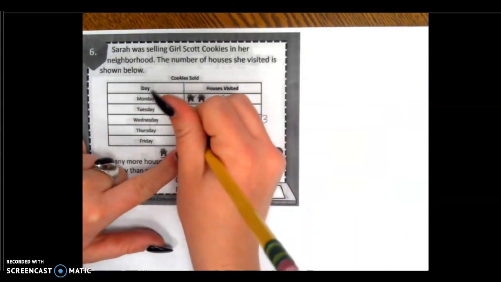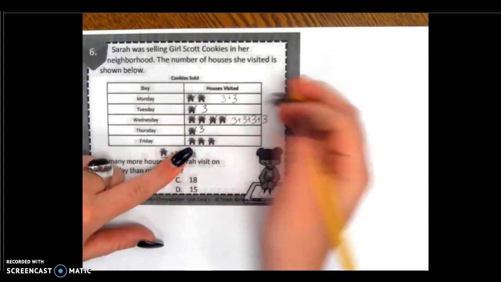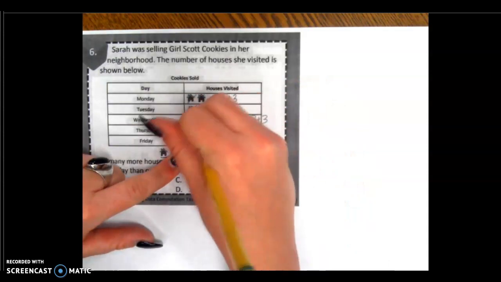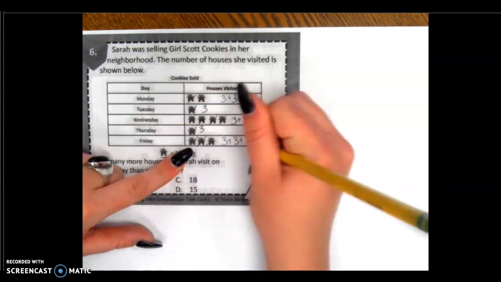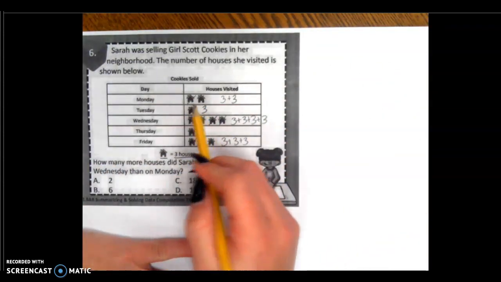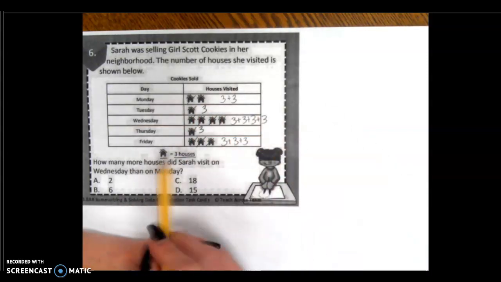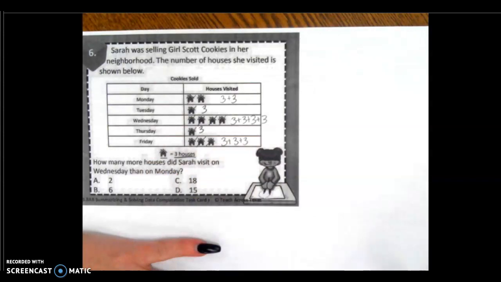Thursday has 1. Friday, 1, 2, 3. So we know we have to add up the amount of houses in threes because each house equals 3 houses. So let's add them together.